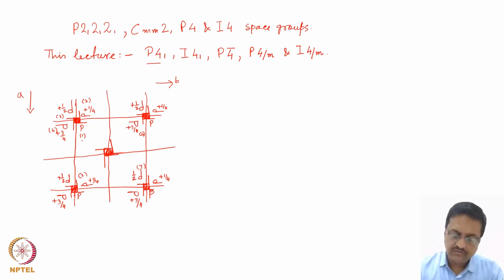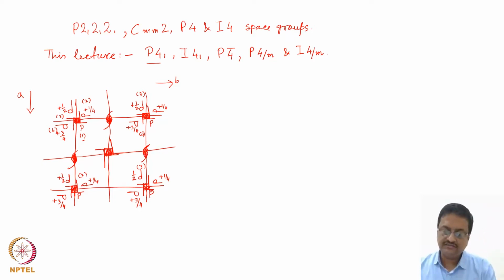Now what is the relationship between 1 and point number 3? The relationship is a 2-1 screw. At the midpoint of the axis, you have a 2-1 screw that has been generated because of the 4-1 screw present at the 4 corners.